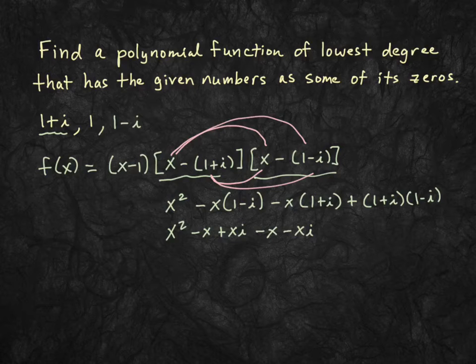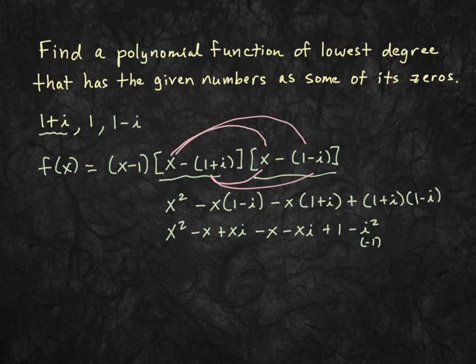And then here we're going to have to FOIL. So when we multiply the ones, we're going to get 1. Now these are actually conjugates, and so you don't have to do the inner and outer product. We just need to do 1 times 1 and then a minus i times a positive i. That'll be a minus i squared. So notice that's going to be negative 1.